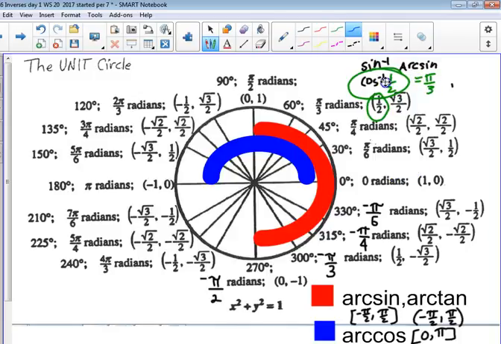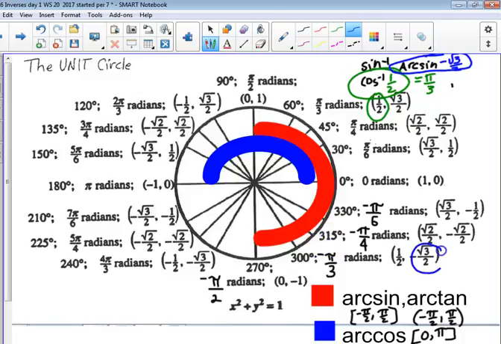If it said find the arcsine of -√3/2, that means find where the y value, because it's sine, is -√3/2, but arcsine is shaded red, so in these two regions.